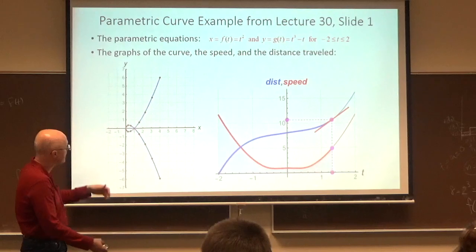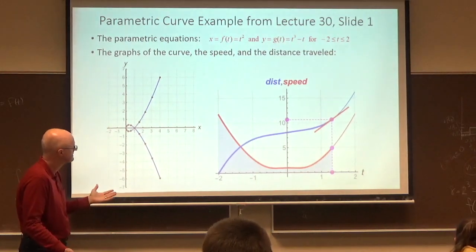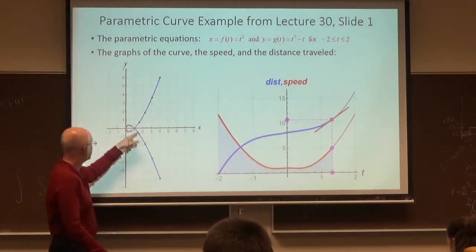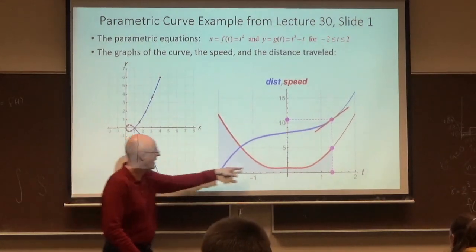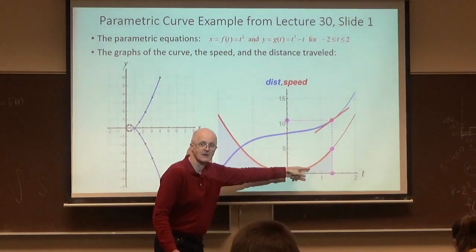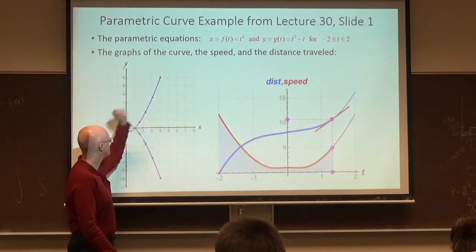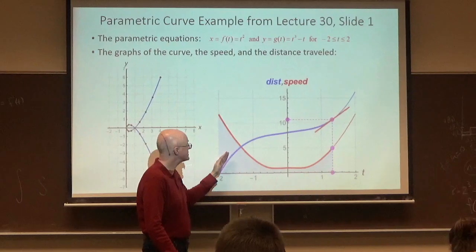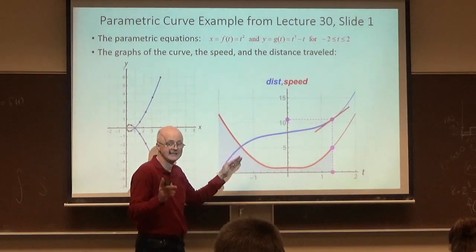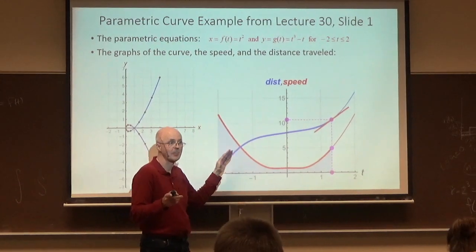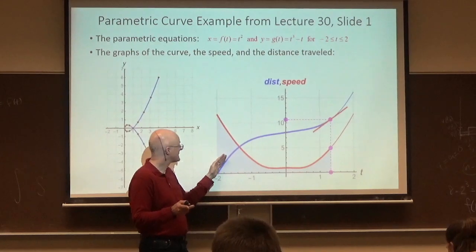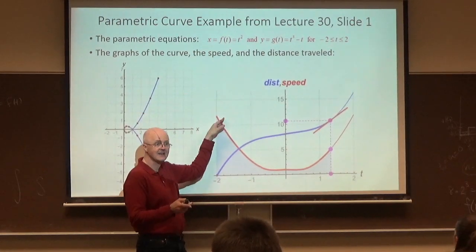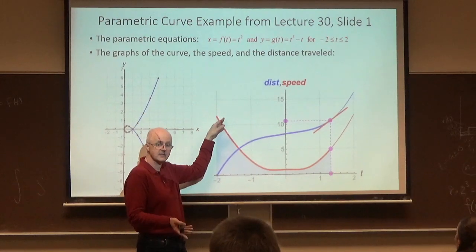When the dots are far apart, that means you must be moving fast. The speed is fast. Like this red graph here is high. When they're closer together, you're moving slower. The red graph is low. Then they move further apart, you're moving faster again as t goes toward 2. The distance traveled, now I am talking distance, not position, goes up fast at first, high slope, because the speed is high. Speed is the derivative of the position.